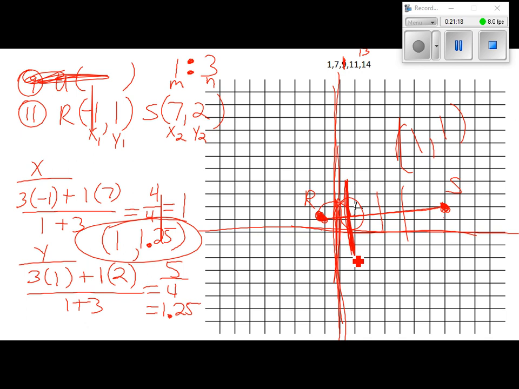How many parts are on Chase's side? 1. How many parts are on Delma's side? 3. So 1, 3. That's what we're doing. We're not just splitting it up right in the middle. We're splitting it up 1 part on this side, 3 parts on this side, or 5 parts on this side, 6 parts, whatever it happens to be.